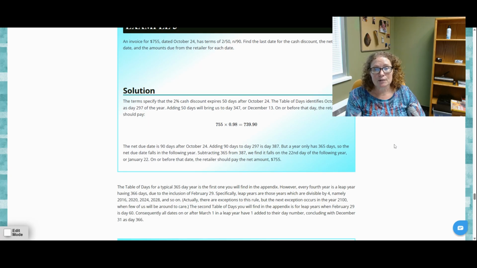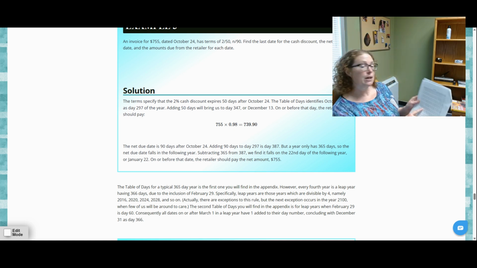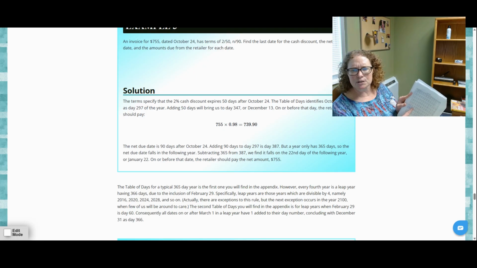We see that the 2% cash discount expires 50 days after October 24th. The table of days identifies October 24th as day 297.